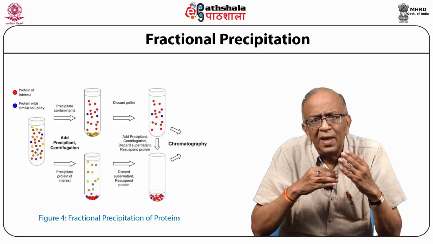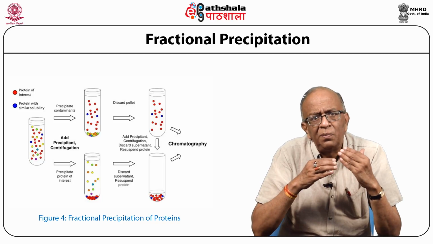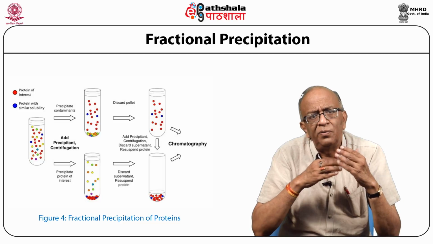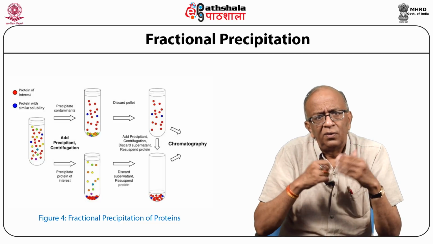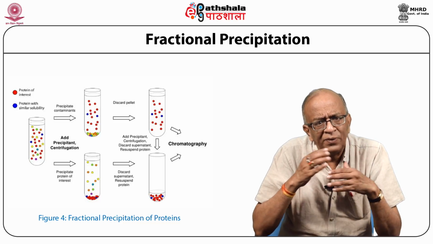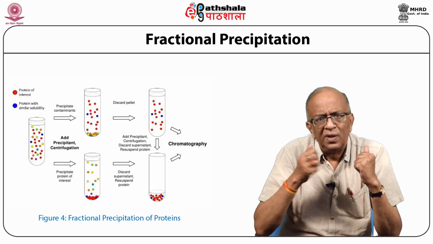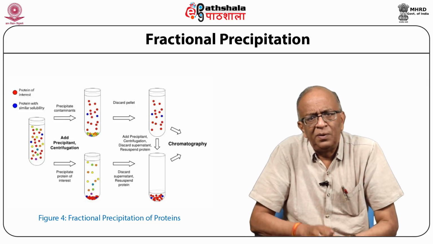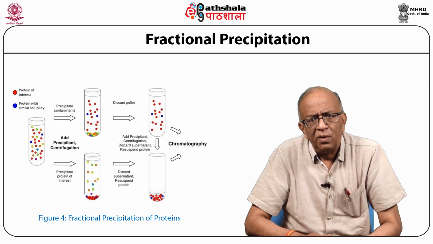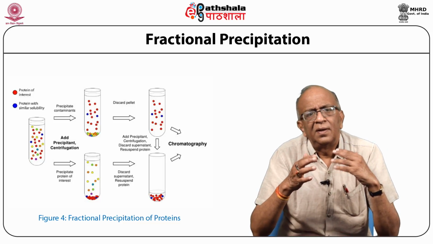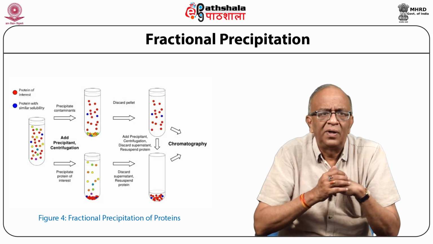A mixture of metal ions in a solution can be separated by precipitation with anions. The figure given below, figure 4, represents the fractional precipitation of proteins. Here it has been shown how fractional precipitation of proteins takes place. It has been illustrated in this figure.